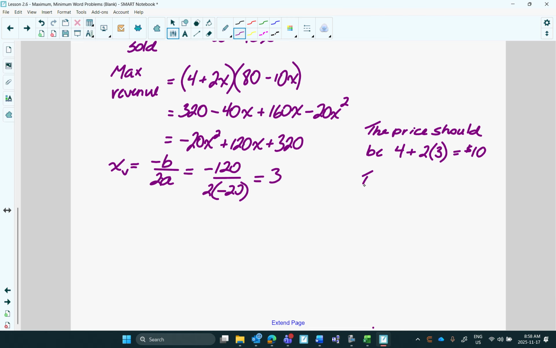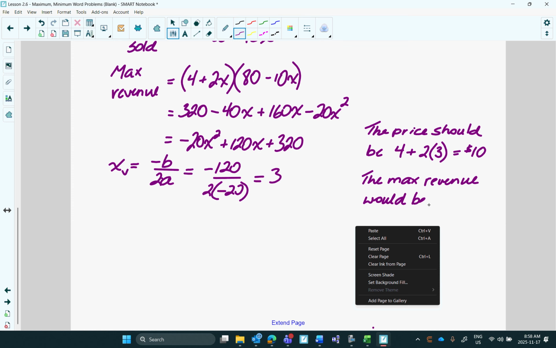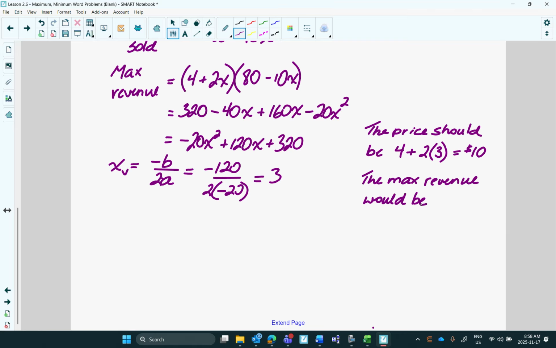How would you calculate the maximum revenue? Yeah, I mean, really what I could do is just plug it into here. So it would be 4 plus 2X, so 4 plus 2 times 3, times 80 minus 10 times 3.